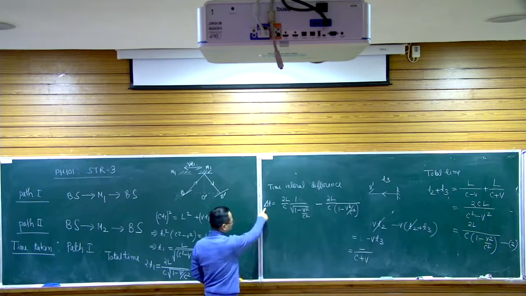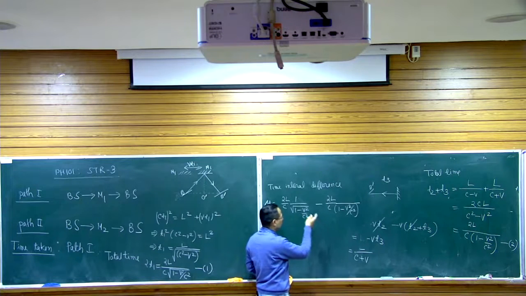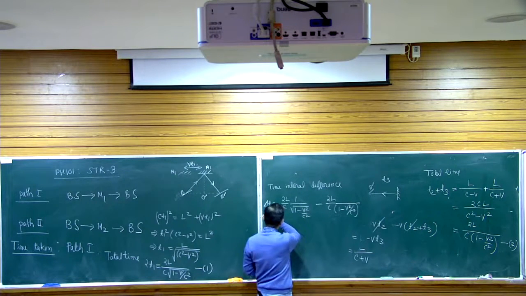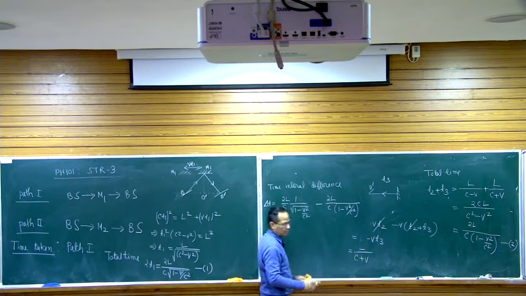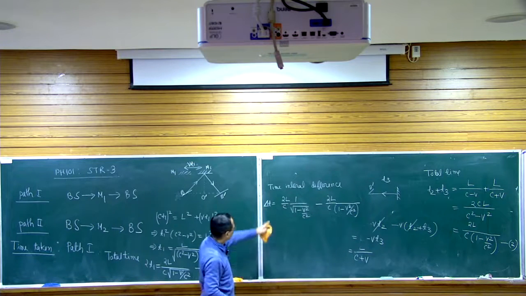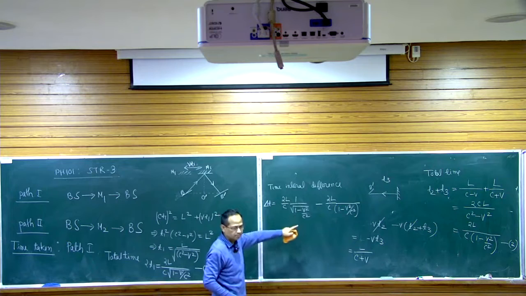So this difference depends on whether V is non-zero. If V is non-zero, then this delta t will be different, but the value of delta t is a function of the velocity of the frame of reference. So you are going to get different value of delta t if V is different.